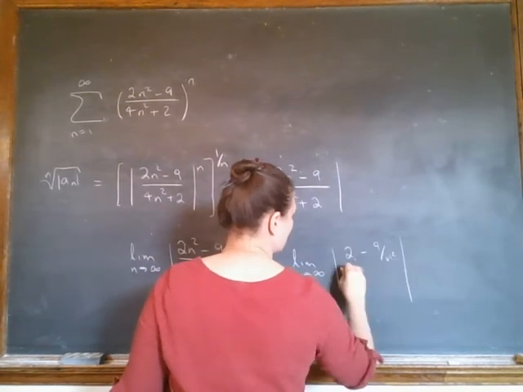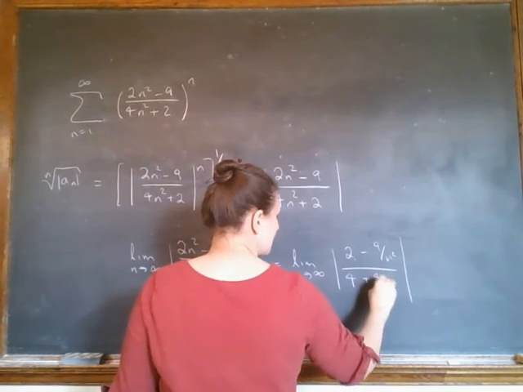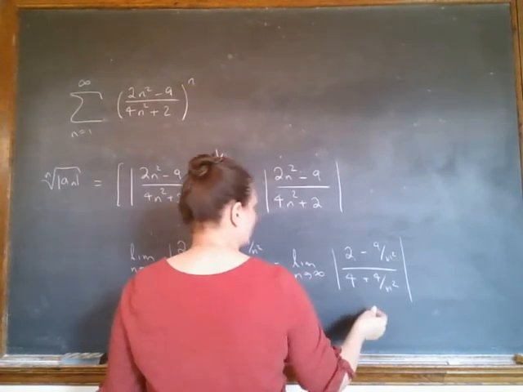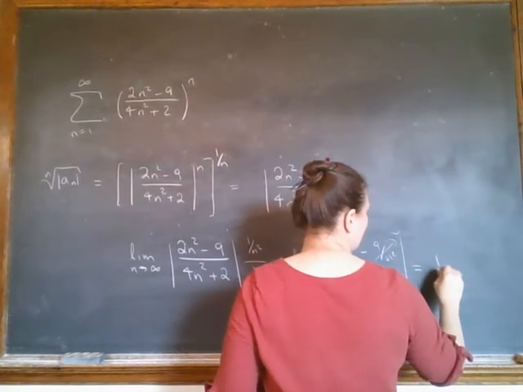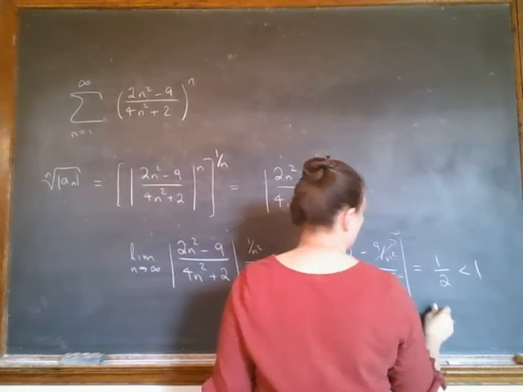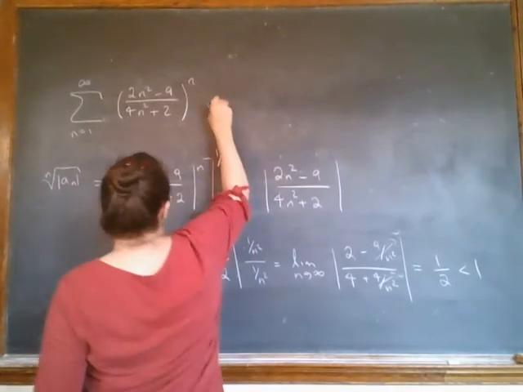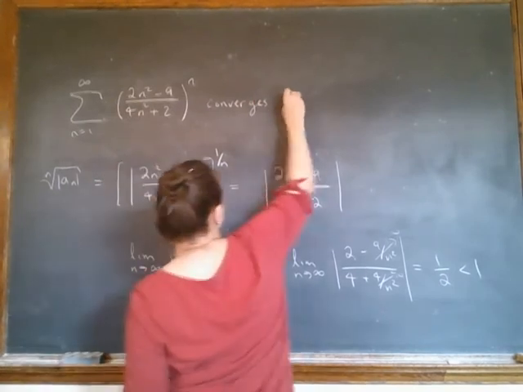When I have a nice rational function like this, these guys are going to go to 0. I end up with 1/2. In this case, 1/2 being less than 1, so this thing converges by the root test.